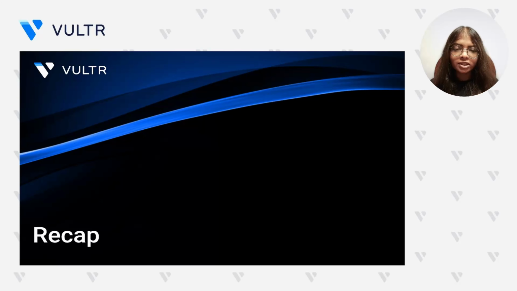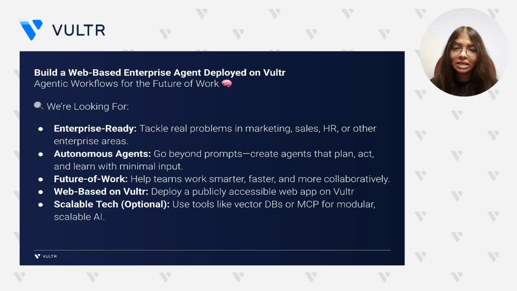So, just to ground things one last time, let's quickly recap what we are looking for in Vultr's track. We are expecting a web based enterprise agent that solves a real world problem in a domain like HR, sales, or operations. Your agent must go beyond static prompts because we are looking for autonomous behaviors and workflows.